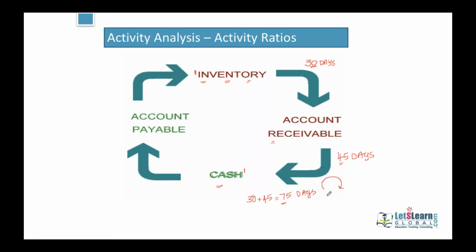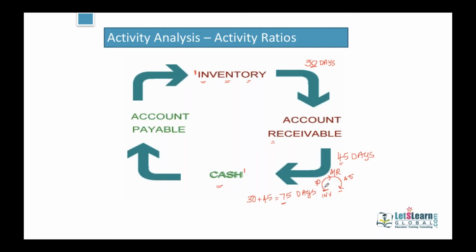Operating cycle is the time period in which inventory is converted into cash. Inventory is not directly converted into cash in the case of credit sale. Inventory is converted into credit sales in 30 days. So 30 days is the inventory conversion period into sales, and 45 days is the accounts receivable conversion period into cash. After 30 days, we sold goods on credit, so accounts receivable took place on this day.